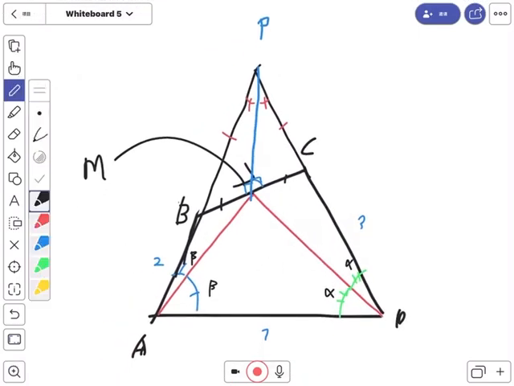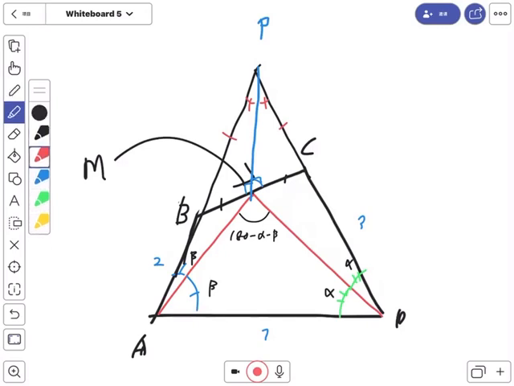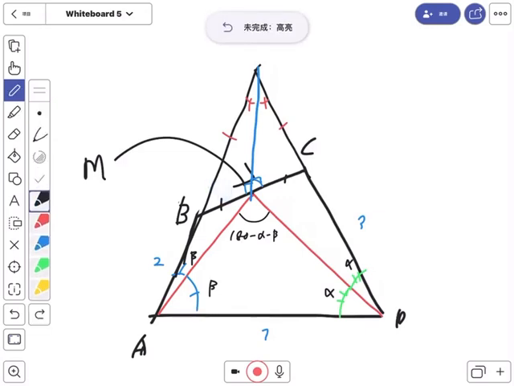Now this angle right here is just 180 minus alpha minus beta. Now we can find this angle by angle chasing on triangle BPM, which should not be hard.